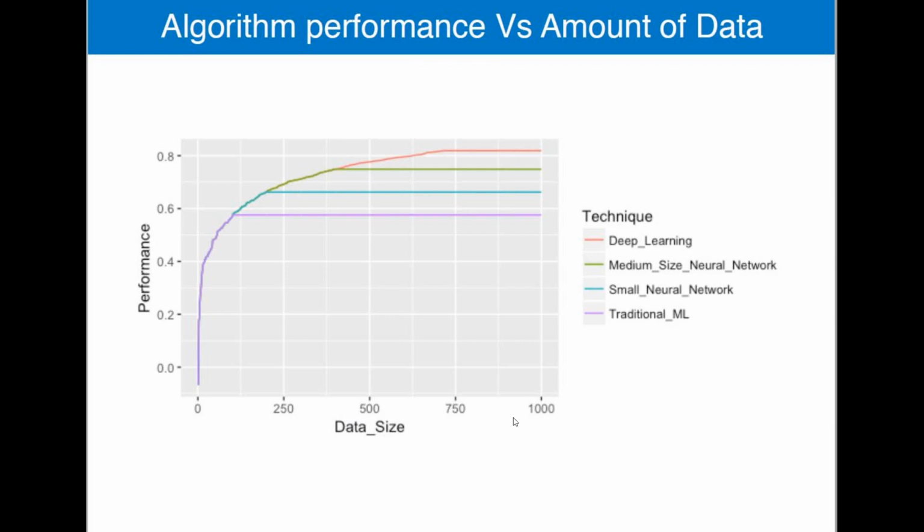If the data size is getting increased, then the model performance or accuracy is also increasing. And this blue one is a medium-sized neural network. This blue color is a small neural network, and the last one is traditional ML.